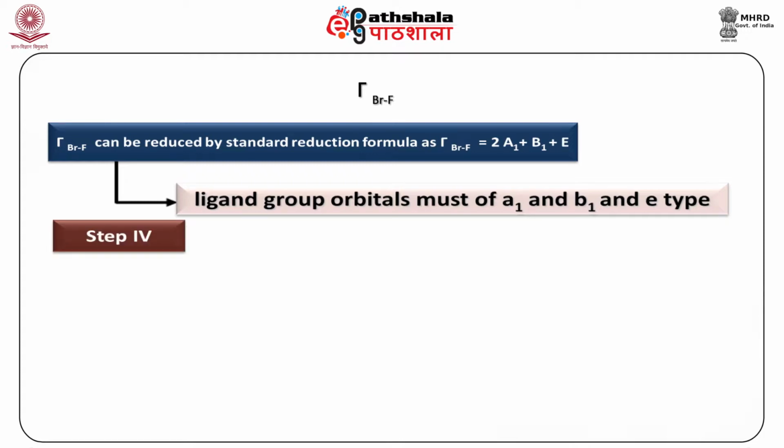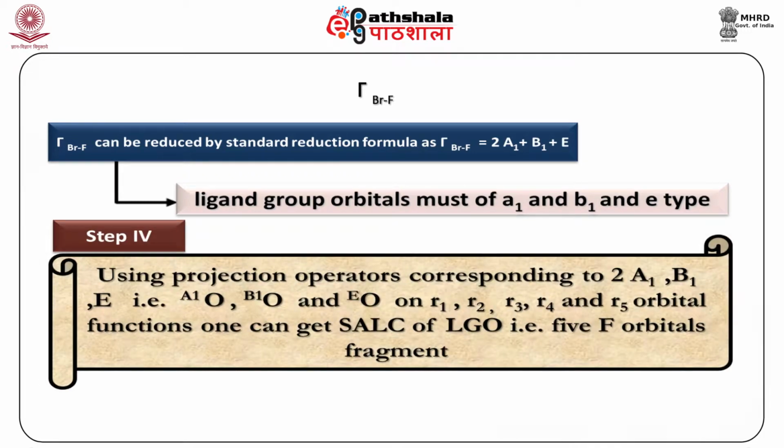Step 4 says that using projection operators corresponding to 2A1, B1 and E, that is A1, B1 and E operators on the R1, R2, R3, R4 and R5 orbital functions, we can get the SALCs of ligand group orbitals, that is the 5F orbitals fragment.